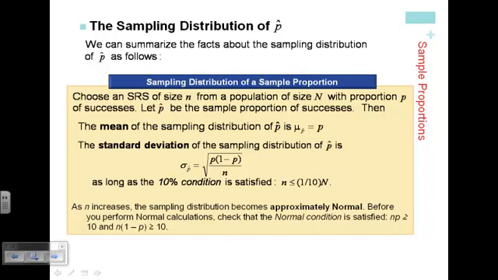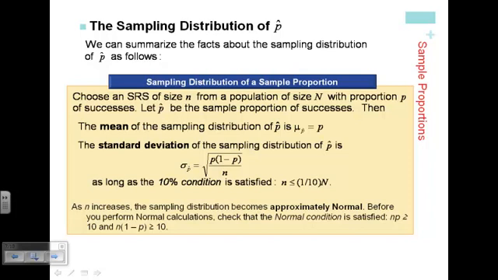Unbiased means that the center of the sampling distribution is going to be the same as the population proportion. Okay. If we have a simple random sample of size n, and we declare p hat to be the proportion of successes in the sample, then the mean of all those different p hats that can come out from all those different samples is p itself.